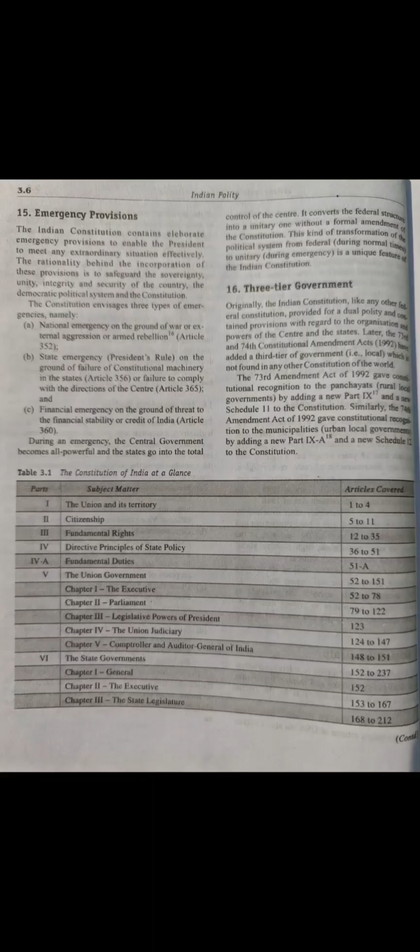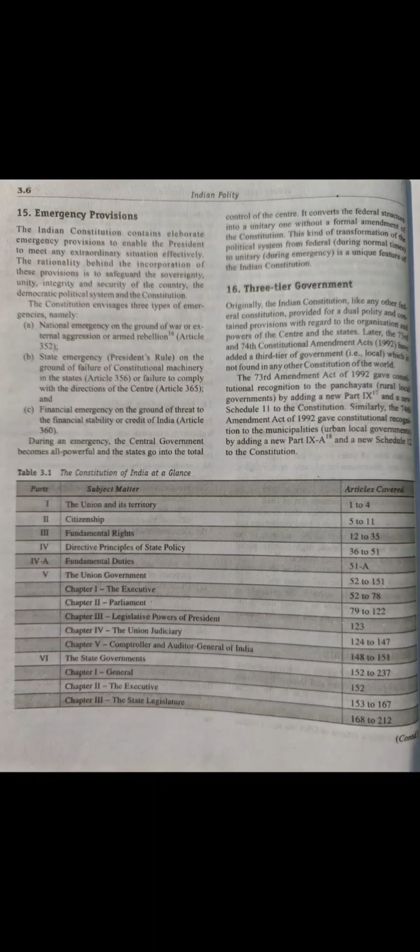State emergency, that is President's rule, on the ground of failure of constitutional machinery in the states, that is in Article 356, or failure to comply with the directions of the center, that is Article 365, and financial emergency on the ground of threat to financial stability or credit of India, that is in Article 360. During an emergency, the central government becomes all powerful and the states go under the total control of the center.